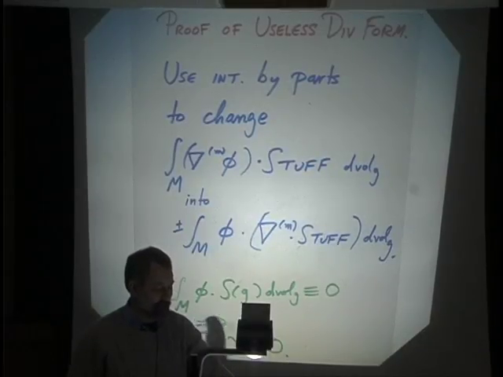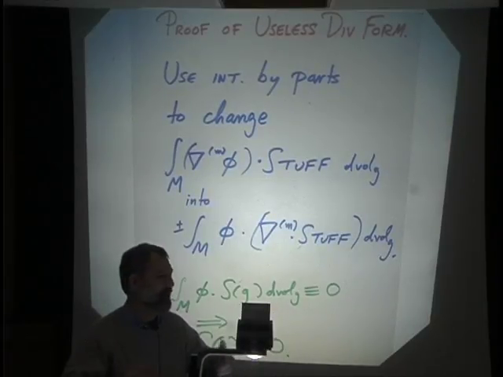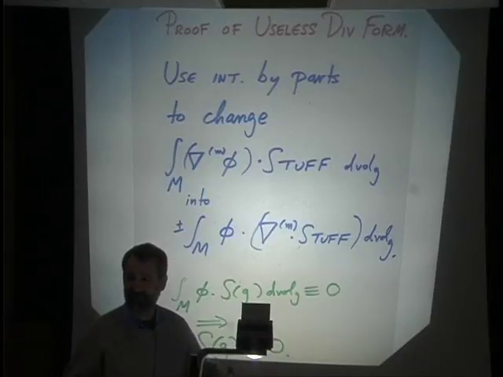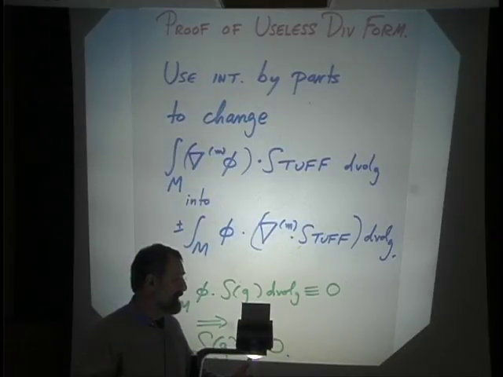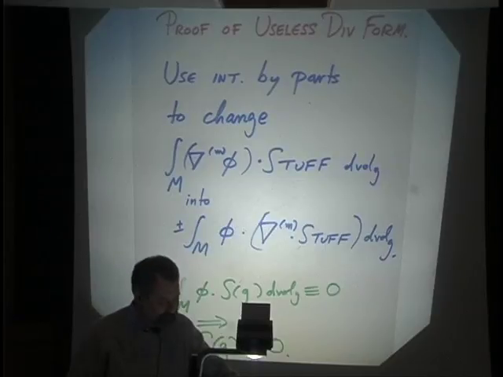So we have the integral of phi times some stuff. Maybe this has been polarized. If there were 11 factors of phi, we polarized the original thing so that there are now 11 independent functions, phi 1 through phi 11. And let's say it's phi 1 to which we've done this process.